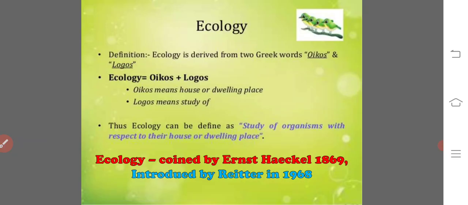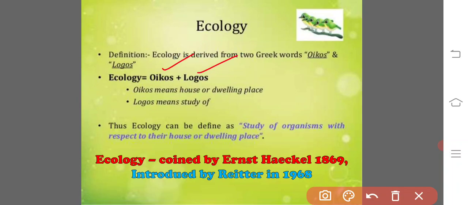The term ecology was coined by combining two Greek words, ecos meaning the house and logos meaning the study of. So, ecology is the study of organisms with their respective environment.